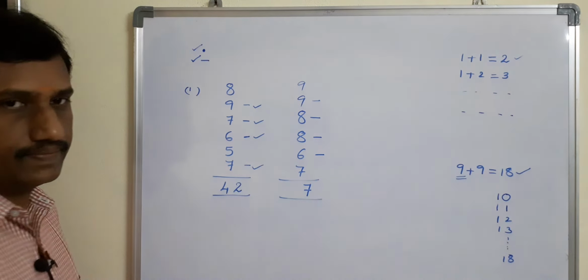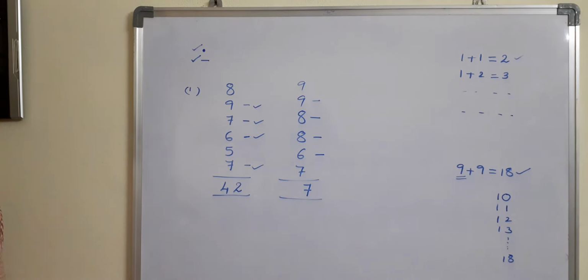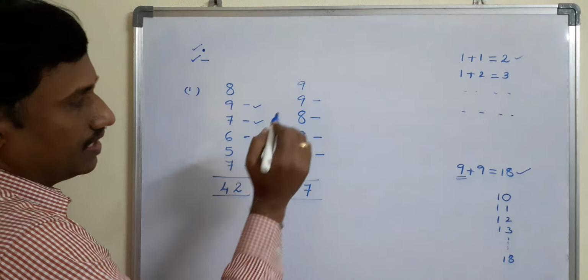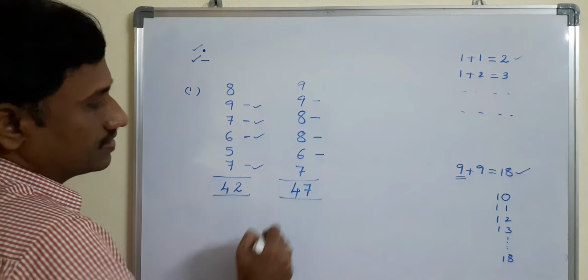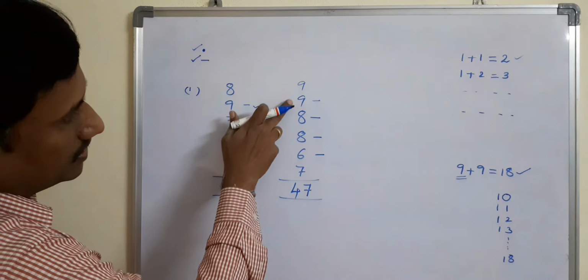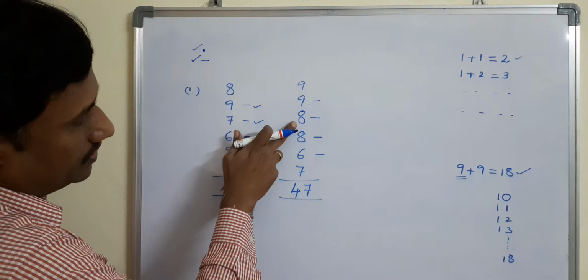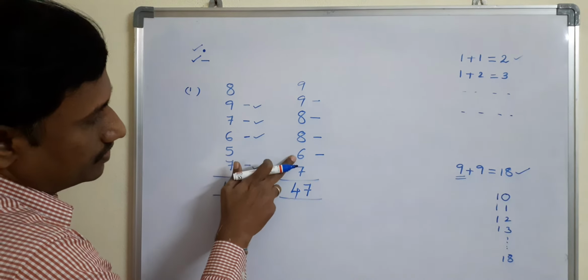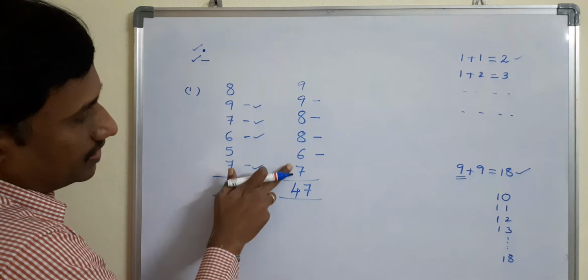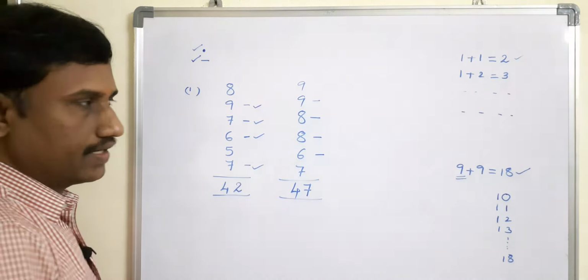Write that 7 here. Then how many bars do we have? 4. Then the answer is 47. Check it. 9 plus 9, 18. 18 plus 8, 26. 26 plus 8, 34. 34 plus 6, 40. 40 plus 7, 47. Clear?